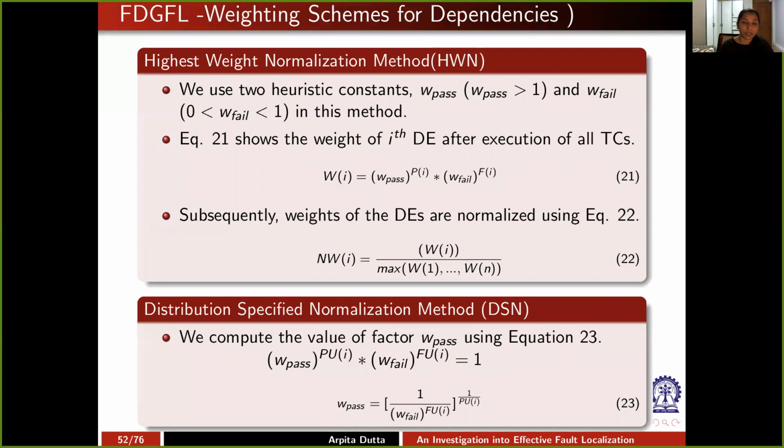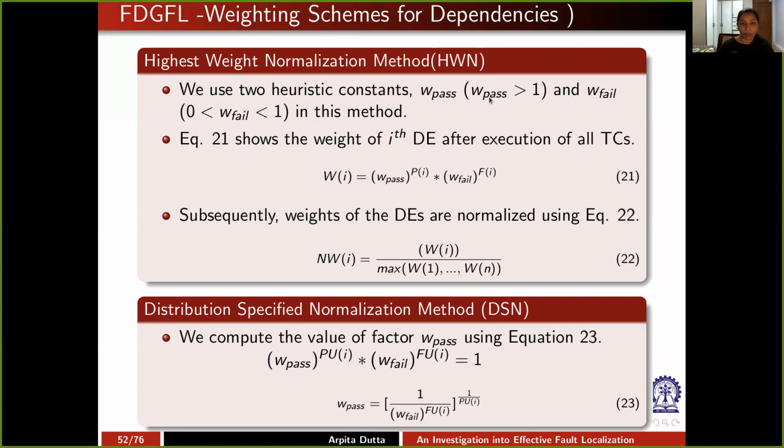In our first SBFL method, we have used two different edge scoring methods. If a particular edge in the function graph is invoked by a passed test case, then we use a heuristic constant W pass, and increase the value of that edge with W pass. If it is invoked by a failed test case, then we increment that edge value with W fail.